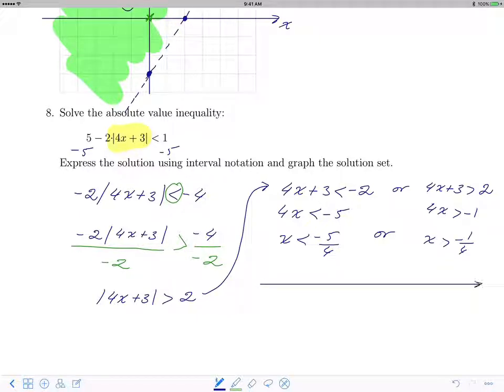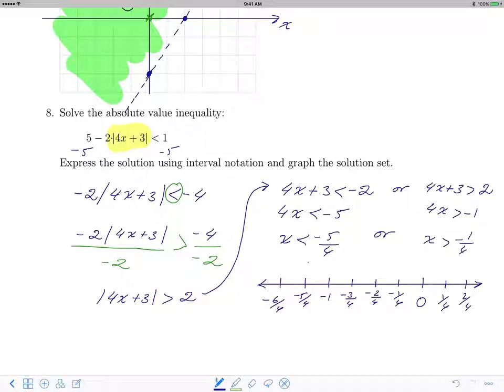And then we need to graph the solution set on a number line. So here's a number line. Here is 0. Here is 1/4, 2/4, 3/4, 4/4, 5/4, 6/4. Negative 6 over 4, negative 5/4, negative 1, negative 3/4, negative 2/4, negative 1/4, positive 1/4, positive 2/4, etc. So now the first inequality is x is less than negative 5/4.